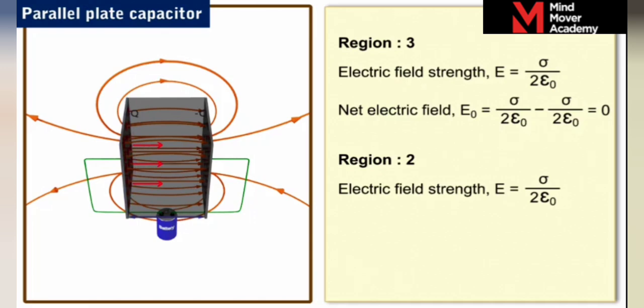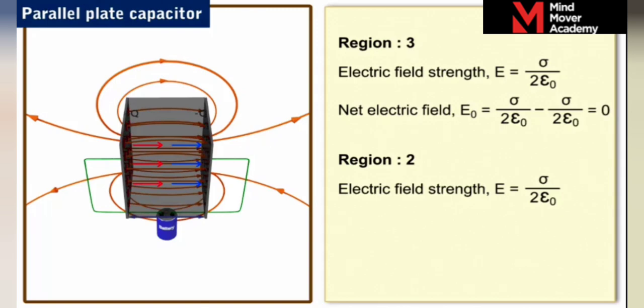We also see that due to the negative plate of the capacitor, the electric field strength E is equal to sigma by 2 epsilon naught and directed towards the negative plate and towards the right. The region 2, which is in between the plates, has two electric fields of equal magnitude, sigma by 2 epsilon naught, which are both pointing towards the right.